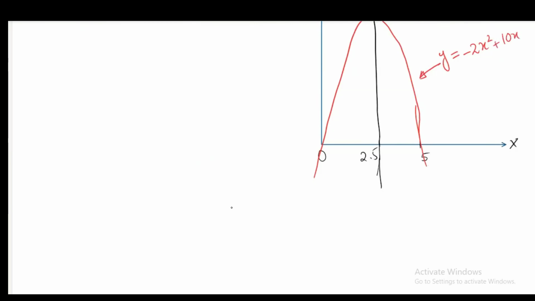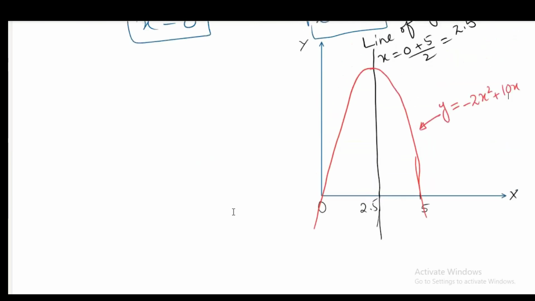It must be a smooth curve, and symmetrical. Smooth and symmetrical. Now the question is, what are the coordinates of the turning point here?